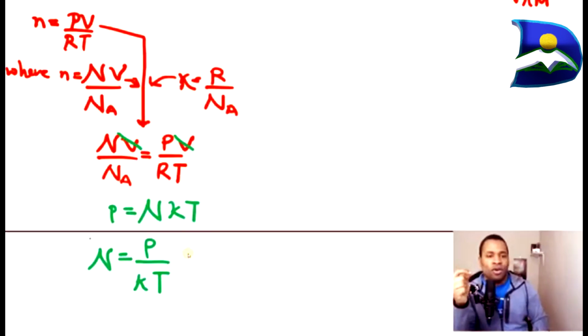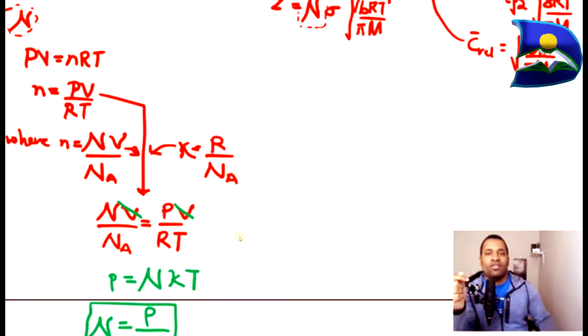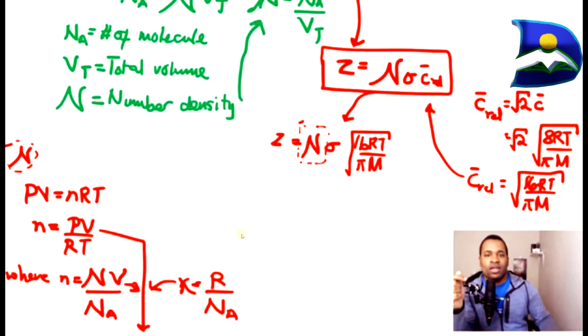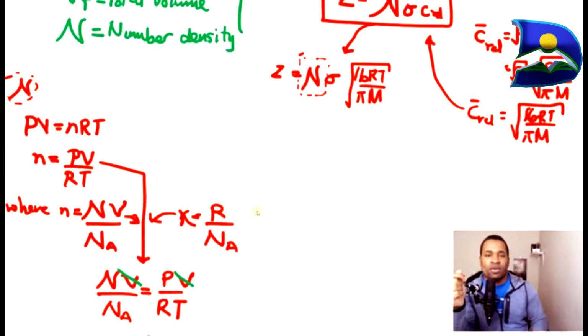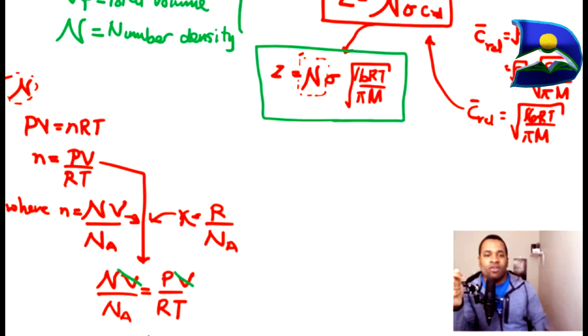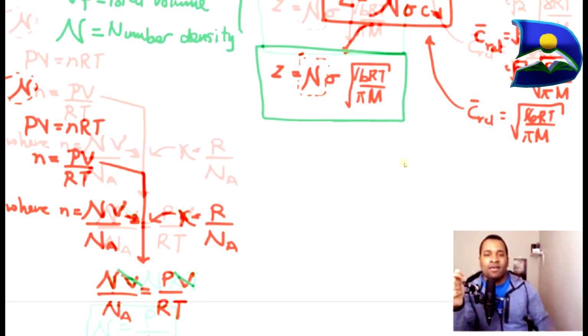Now, once we're able to determine our expression in terms of the number density, we're going to apply this into our equation above, where we have our Z, which represents the collision frequency, now in terms of the Boltzmann constant and also the temperature and pressure.